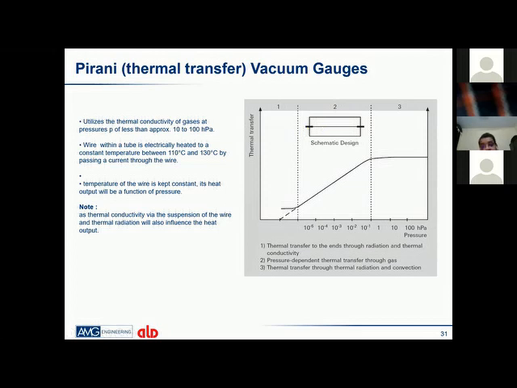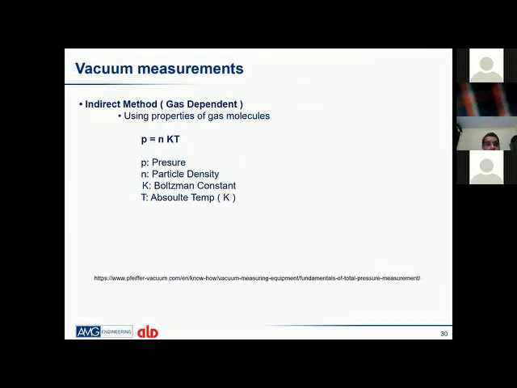there is thermal conductivity. Heat is generated inside the wire, and thermal conductivity happens between the wire and the gas molecules. But since we are at a very low vacuum level, there are very few gas molecules present.